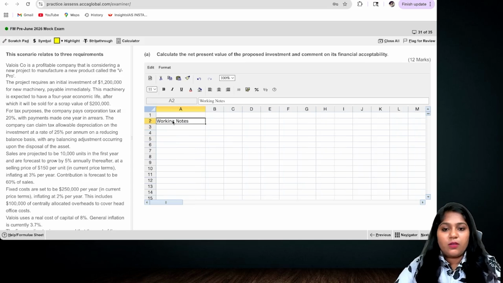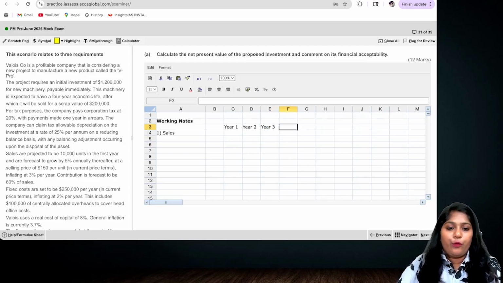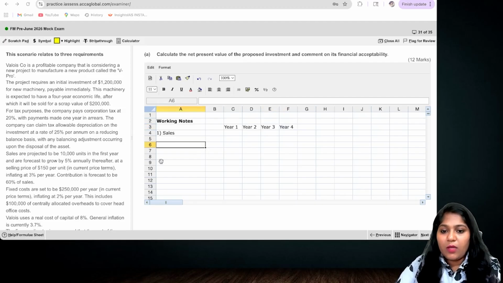The first working note that I'm going ahead and doing is my sales. It's very important. The project life is how many years? The project will have a 4-year life. So that means year 1, year 2, year 3, and also year 4. Now, what is the number of units that you can expect to have?